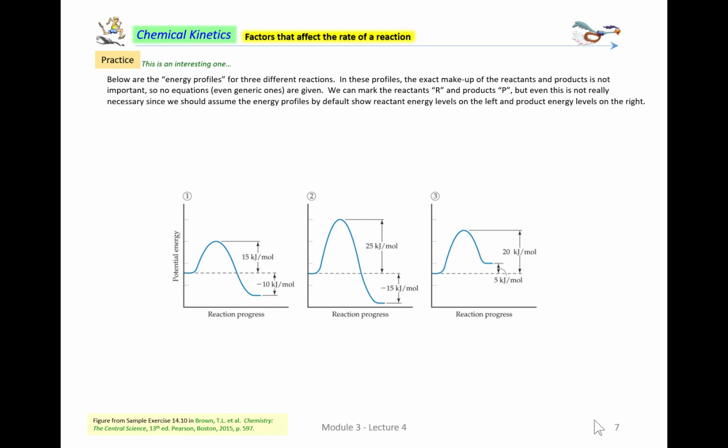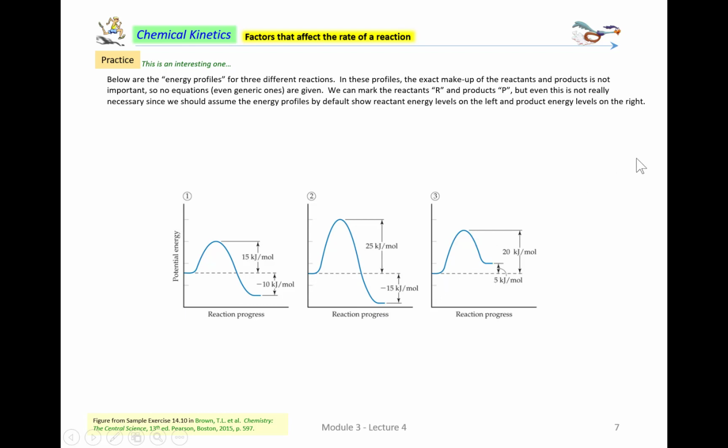So we don't even give generic equations. If we wanted to, we could mark reactants R and products P, but that's not really necessary because we assume when we draw these diagrams that on the left is the reactant and on the right is the product.